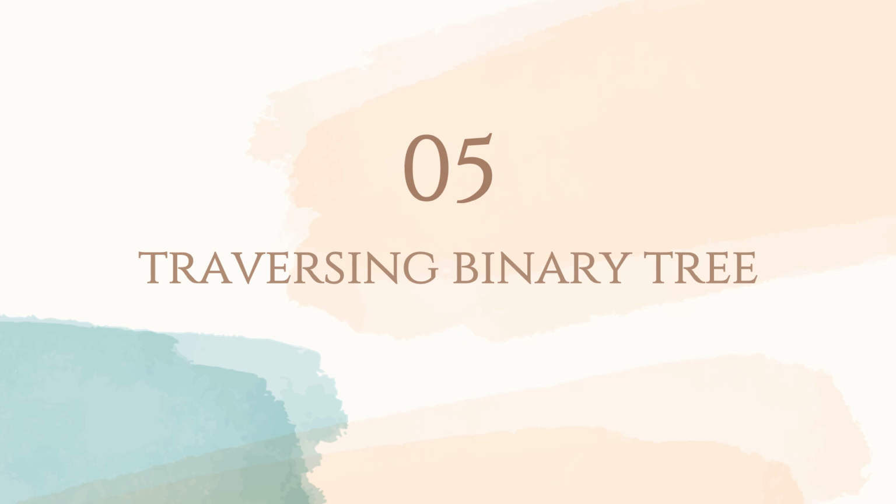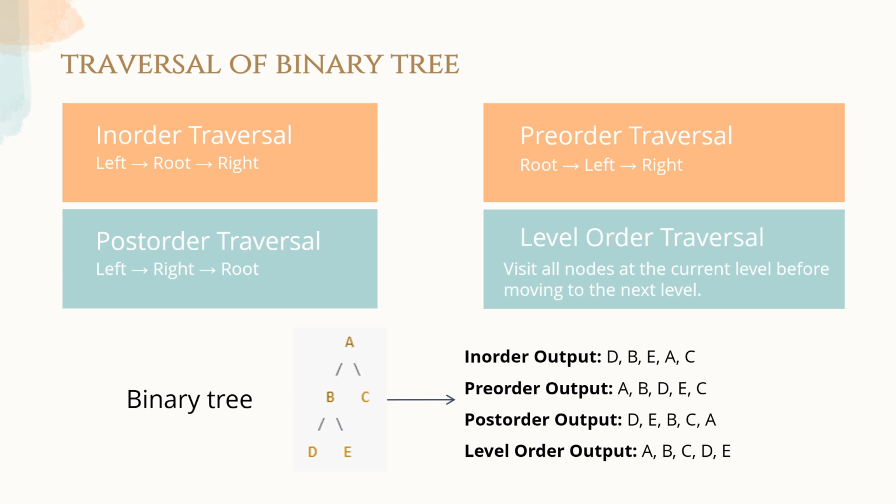So let us see traversing in a binary tree. There are 4 types of traversal in binary trees. One is in-order traversal, in which we'll travel to the left tree, then we'll follow onto the root, then go for right.